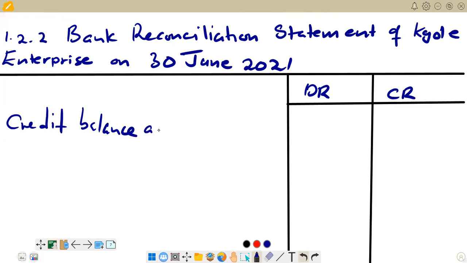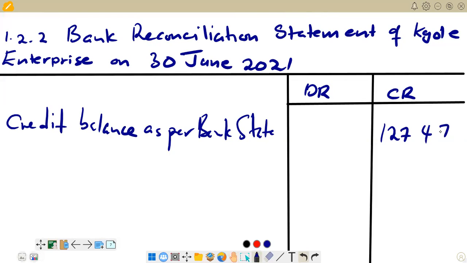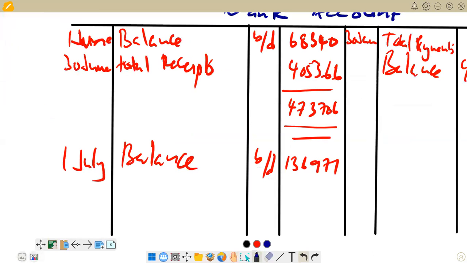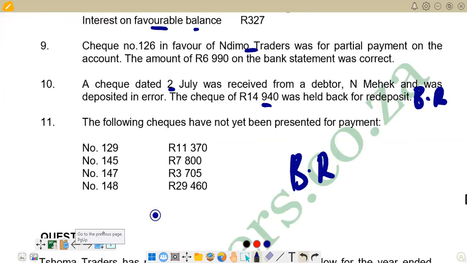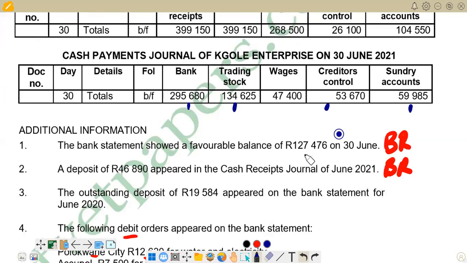Yes, the bank statement, and we go to the credit side and enter that amount, which is 127,476. Right. This is our opening balance.